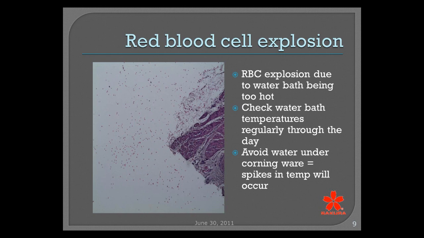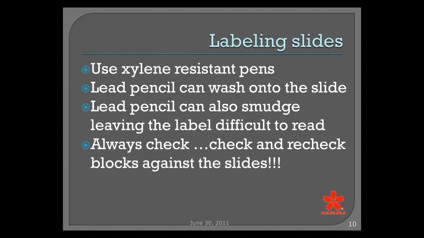So you can potentially have 4 or 5 specimens that are going to cut beautifully, and then all of a sudden you've got explosion, and then, oh look, these guys cut beautifully. It's because your water bath is spiking. So we need to make sure that we are checking our water bath temperatures regularly, not just once a day, but throughout the day as we're cutting.